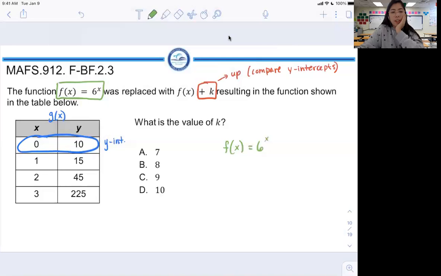I'm going to quote Jalen Sanders Cobb to everybody. X is 0. According to Jalen Sanders Cobb, the y-intercept is when x equals 0. So what can I do with this equation?